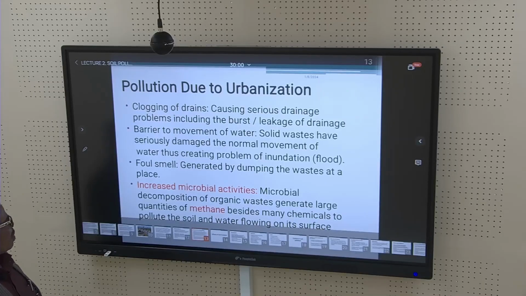Foul smell is generated by dumping the waste at a place. Increased microbial activities: decomposition of organic waste generates large quantities of methane, besides many chemicals that pollute the soil and water flowing on its surface.